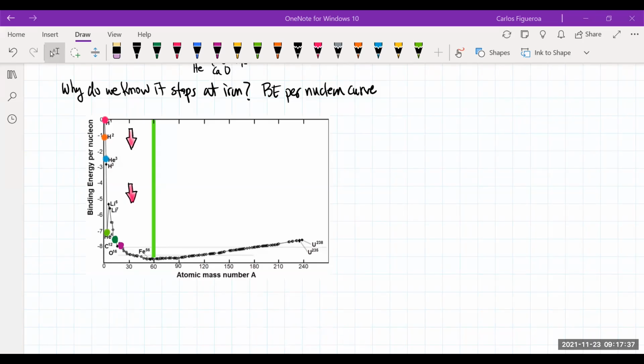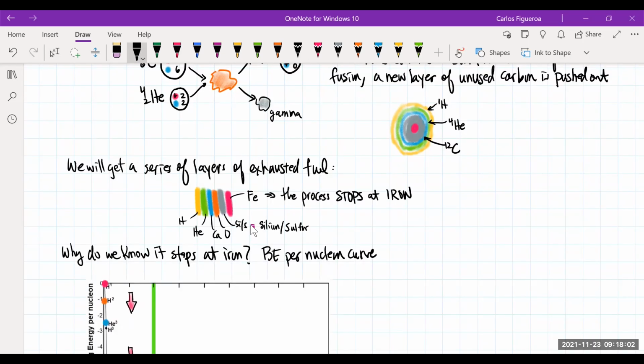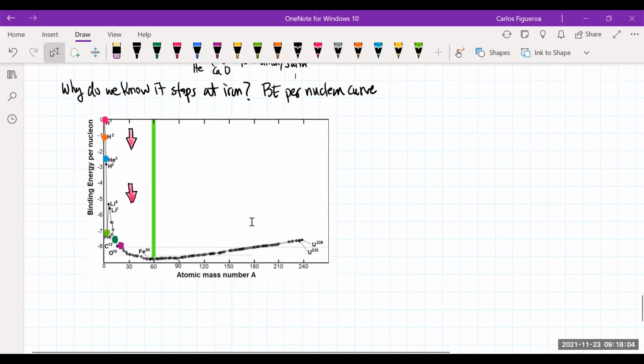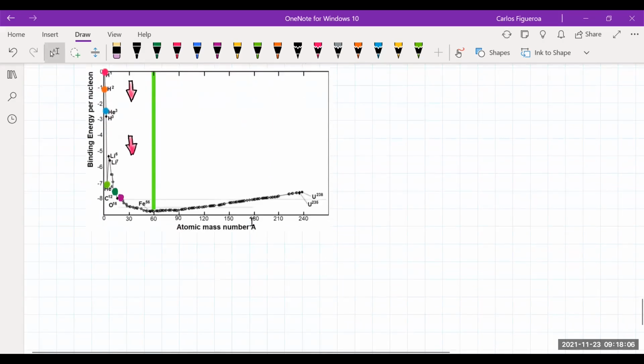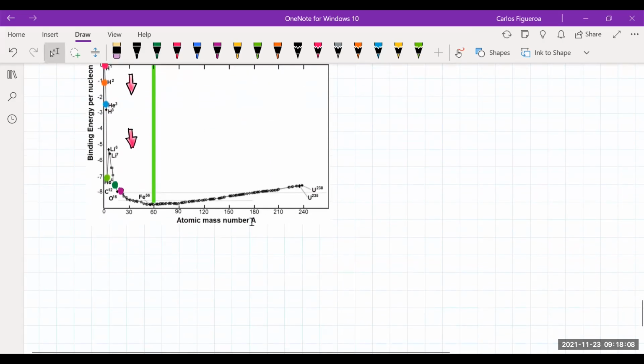Silicon and sulfur burning. When you look at sulfur and silicon burning, it's around 30. So if I come up here, here's where I'm at now. It's around 30. So this is silicon sulfur burning. There's only one more spot I can go. Iron 56.